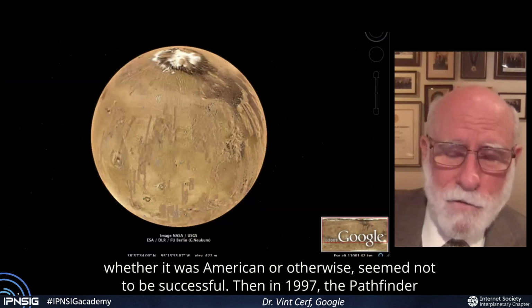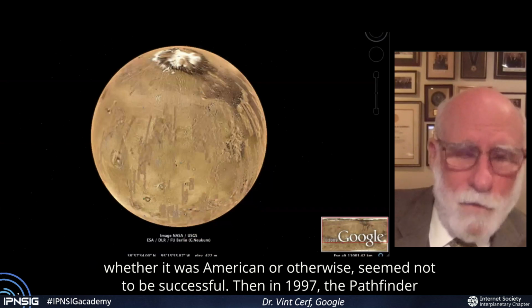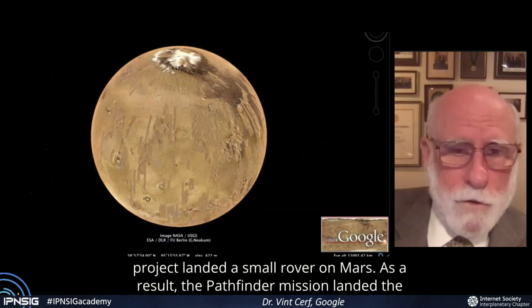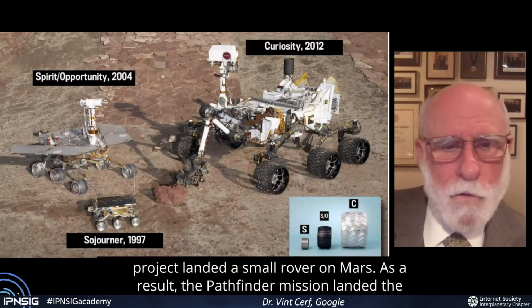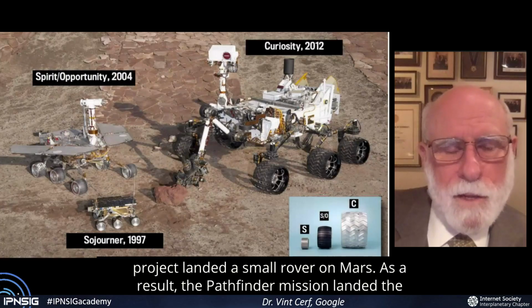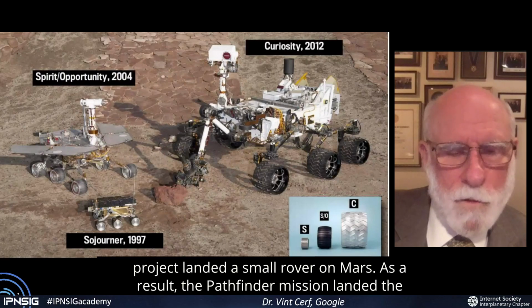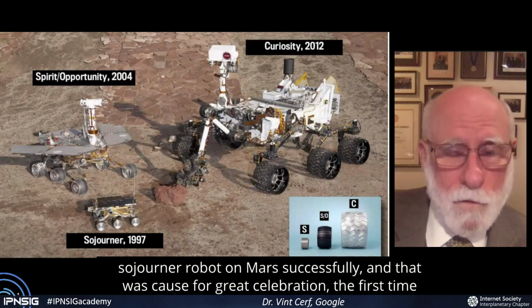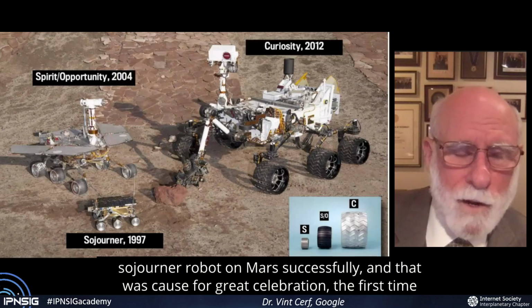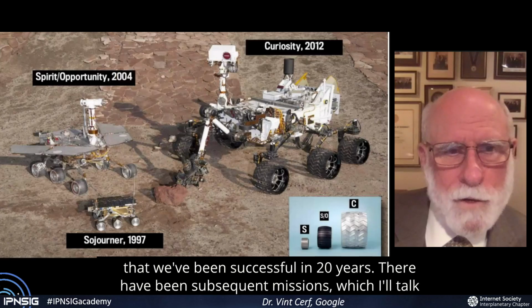And then in 1997, the Pathfinder project landed a small rover on Mars. The Pathfinder mission landed the Sojourner robot on Mars successfully, and that was cause for great celebration, the first time that we'd been successful in 20 years.